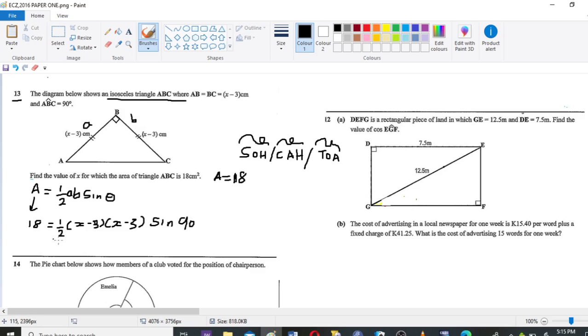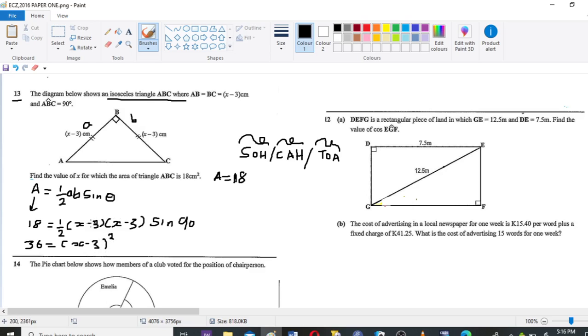Okay, so now what are we getting there? You know that multiplying 18 by 2 gives you nothing but 36, right? So this side you are going to have 36 is equal to x minus 3 squared, right?